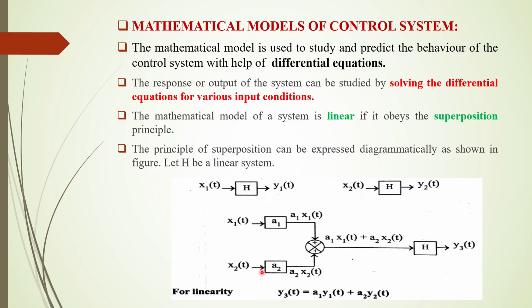So these two input signals are multiplied with the constants a1 and a2, which are added in the adder, which can be written as a1 x1(t) plus a2 x2(t), which is the input to the system. The output will be y3(t), which means y3(t) equals a1 y1(t) plus a2 y2(t), which equals a1 x1(t) plus a2 x2(t).